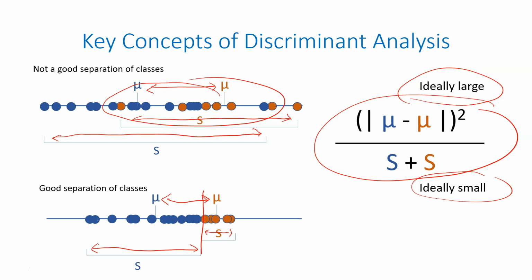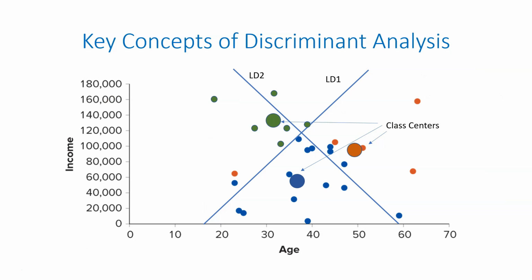Another way to think about this is that we want the discriminant function or new dimension to show classes that are very different from each other but very homogeneous within themselves. Well, what if we have more than two classes? One of the key advantages of discriminant analysis over logistic regression is that it can deal with more than two classes.